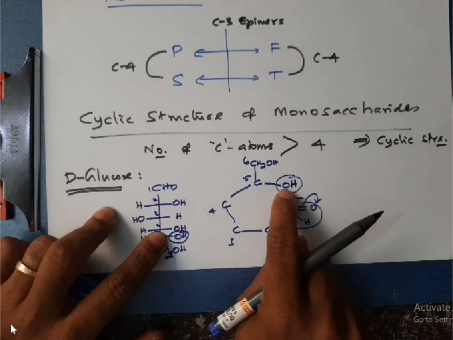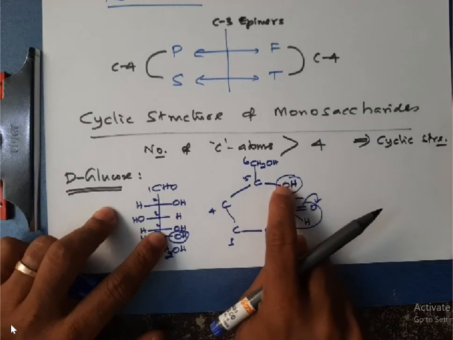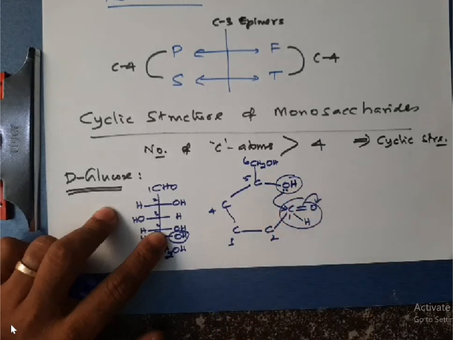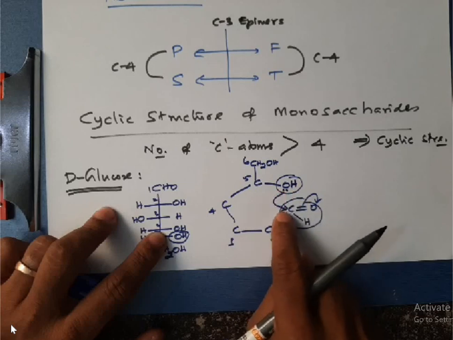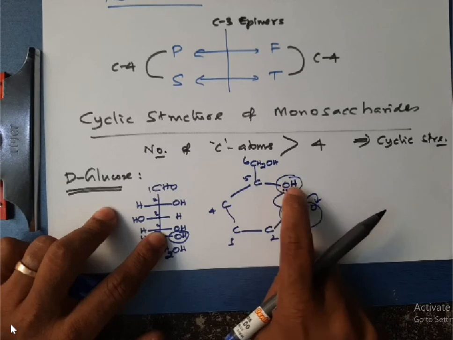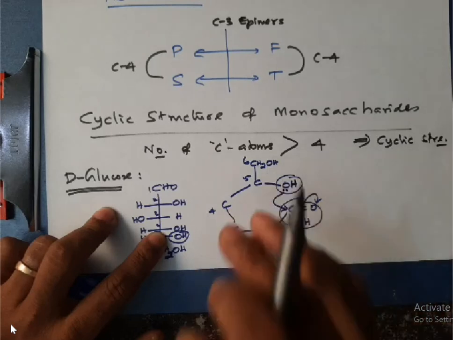And since this oxygen donates the lone pair and attacks, this oxygen becomes positive. To neutralize that positive charge, this hydrogen comes out as H+, so that the oxygen gets neutralized.